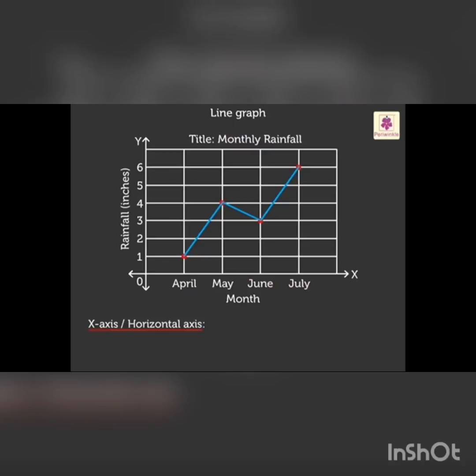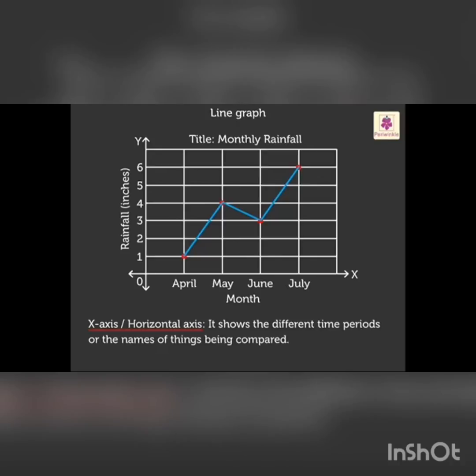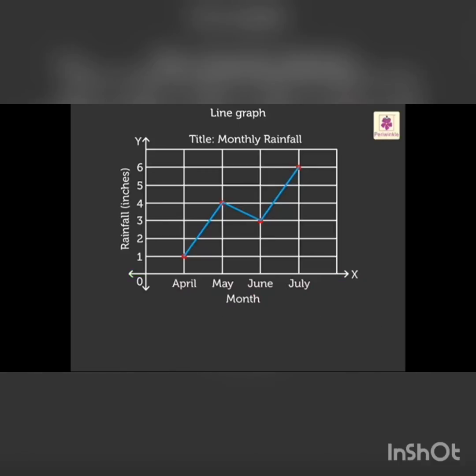X-axis, horizontal axis. The horizontal axis shows the different time periods or the names of the things being compared. This is the x-axis, this is your horizontal axis. The month names are given here, and on the y-axis, the vertical axis, what is given here?